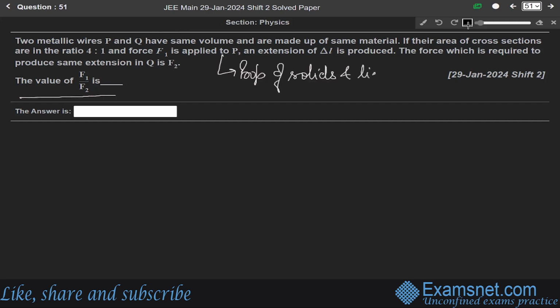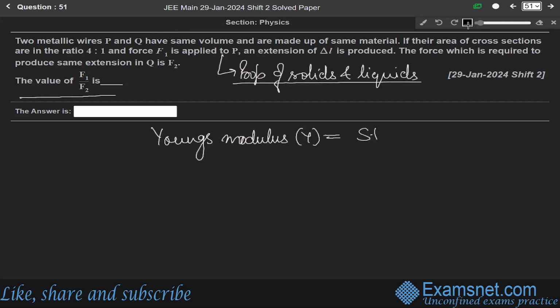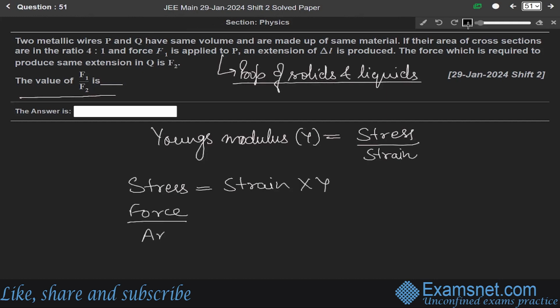According to this question, we have to find the ratio of the force. Now students, we know the direct formula for Young's modulus: Y equals stress over strain. So stress will be equal to strain into Young's modulus. So stress is force over area, and this will be equal to Young's modulus into strain.